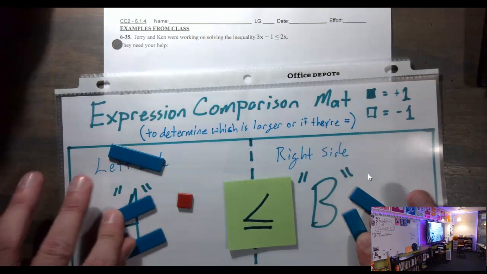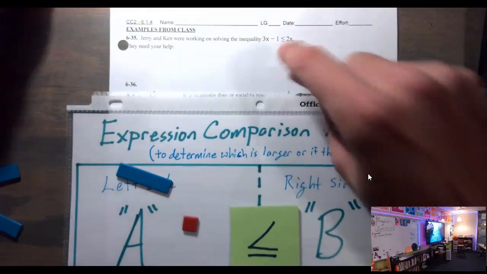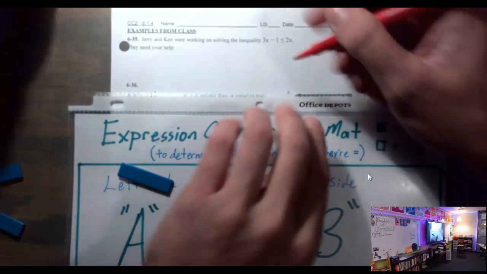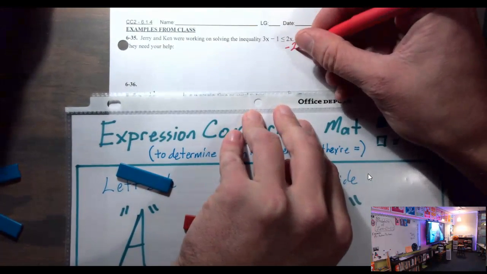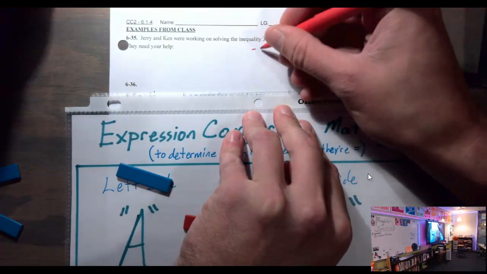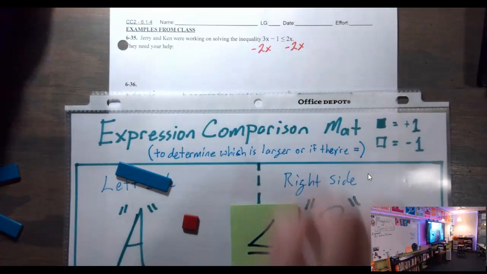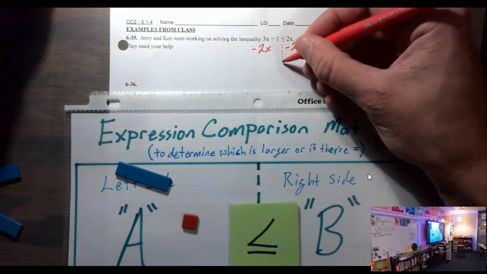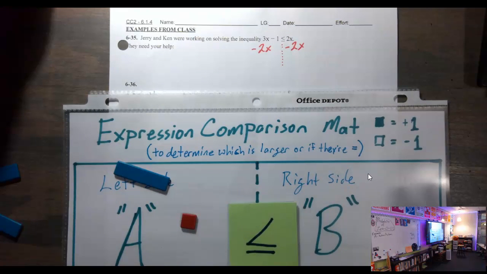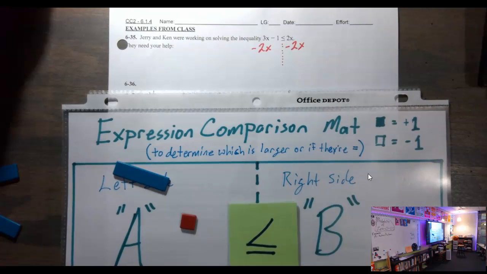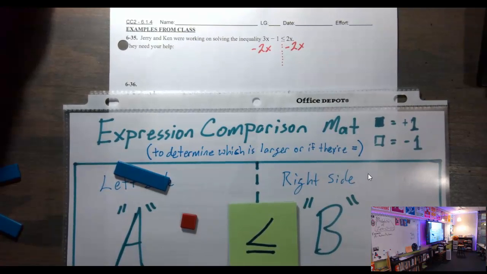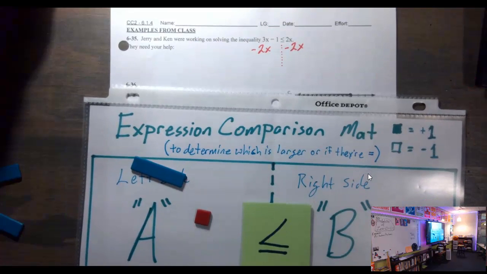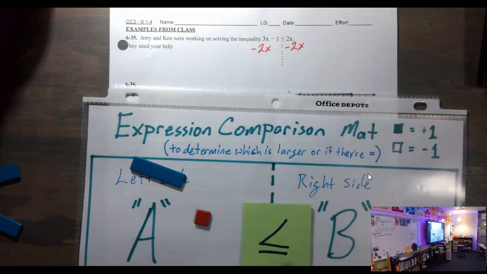We've got two x's on both sides, so remove those. On your paper, write minus 2x on both sides, so under the 2x and under the 3x. And you could make a little dotted line down the middle if you want. This keeps us left side, right side, mat A, mat B. So now, what do we have left remaining?